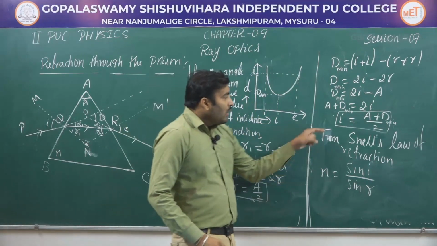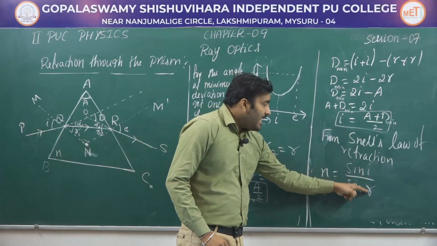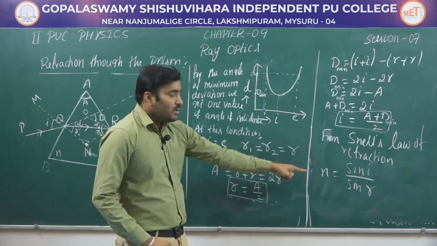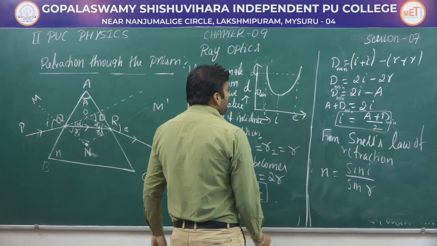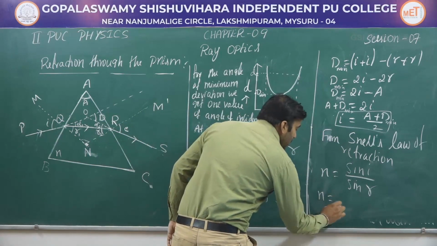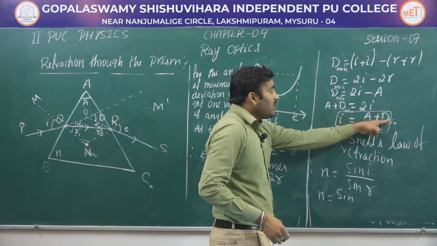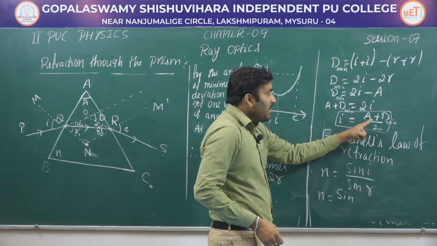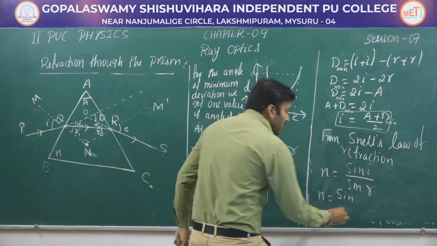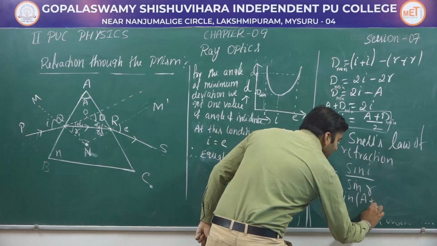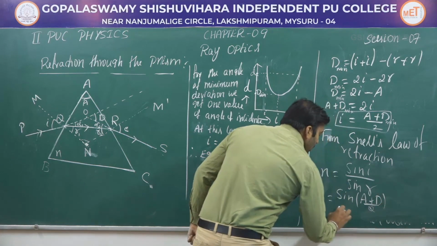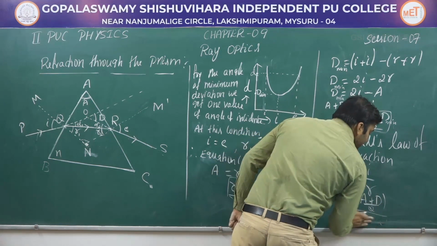Well, let us substitute the values of i and r from these two equations to get the final expression. So we will write n is equal to sin i. Sin i is A plus D minimum by 2, or simply I can write it as A plus D by 2. This is sin of A plus D by 2 whole divided by sin r.